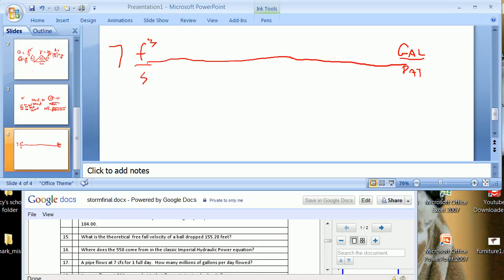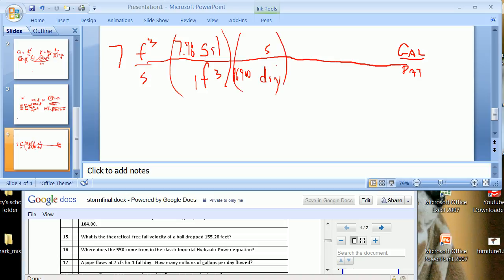Put the cubic foot here, the gallons on top. You know that 7.48 gallons, and you were given a sheet, equals 1 cubic foot. You now have the seconds and the days, however you want to do that, but it's 86,400. So that gets you the calculation for gallons per day, but for million gallons per day, you just divide by 1,000,000.